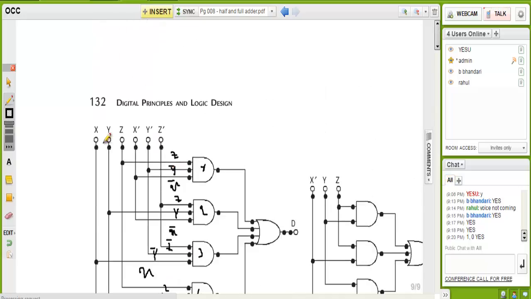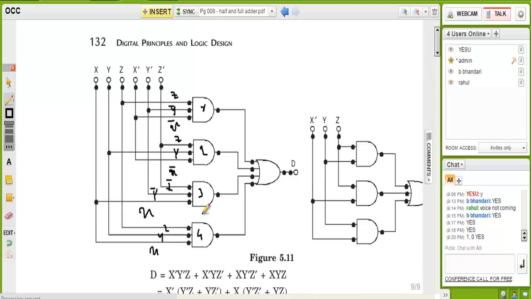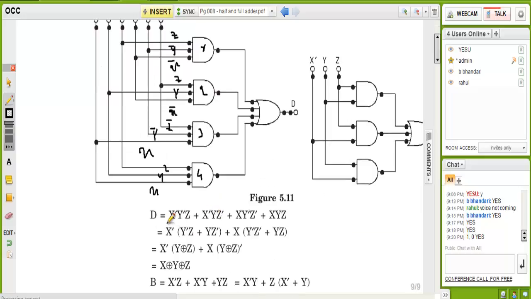See, here we implement x, y, z and x bar, y bar, z bar. Whichever AND gate needs x bar, we just take a short from this circuit at x bar. If it needs x, then we take it from the x. In that way we make the 4 AND gate circuit. Now these 4 AND gate outputs are related by being added to each other.